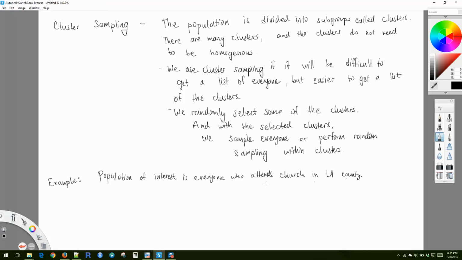This would be a difficult population to get a list of every single person. It would be very difficult to try to get a list of everyone who attends church in LA County.